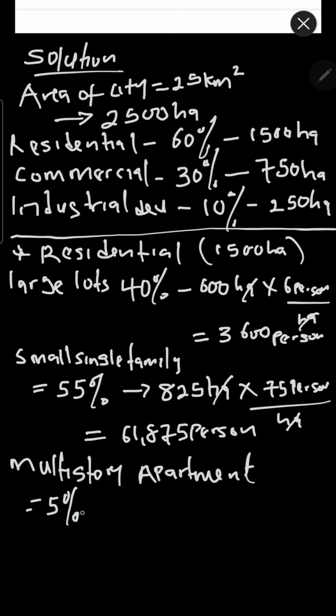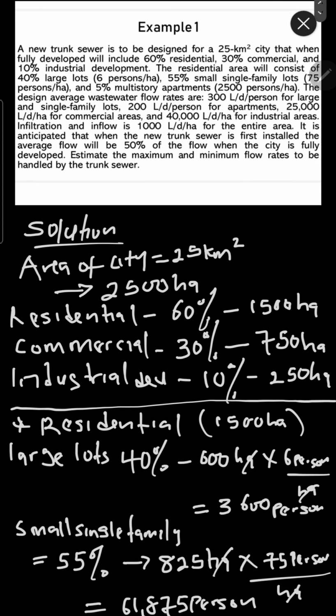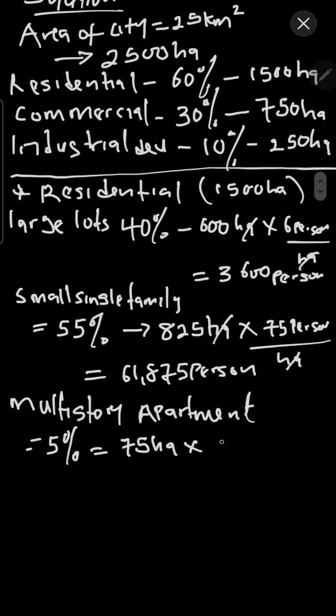So 5% of 1,500 hectares is going to give us 75 hectares, multiplied by the number of persons per hectare, 2,500 persons per hectare.